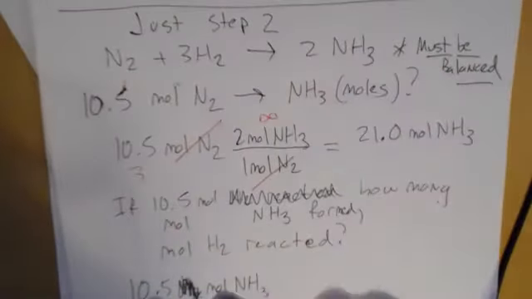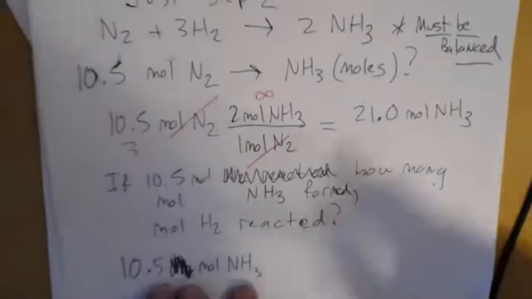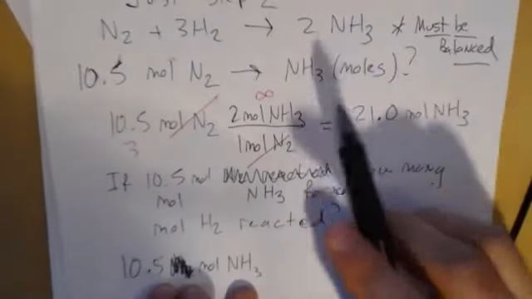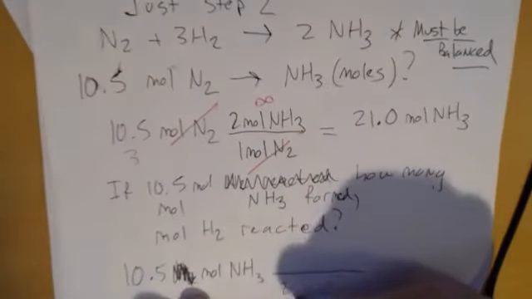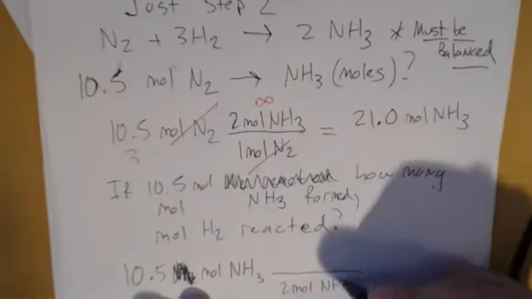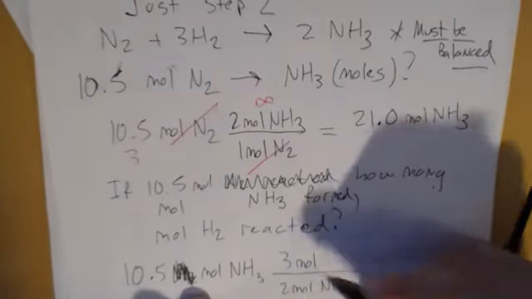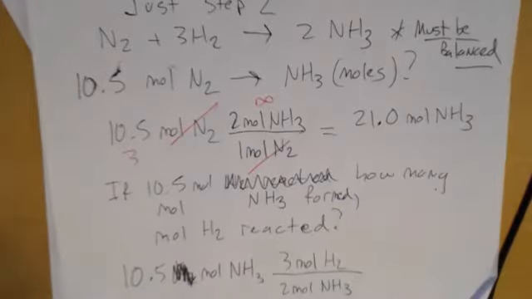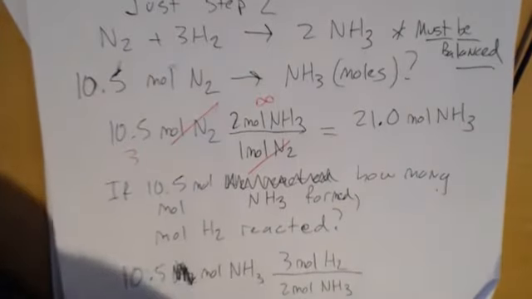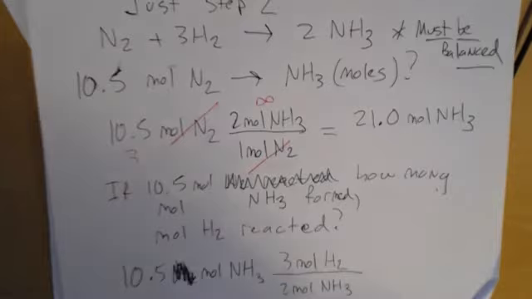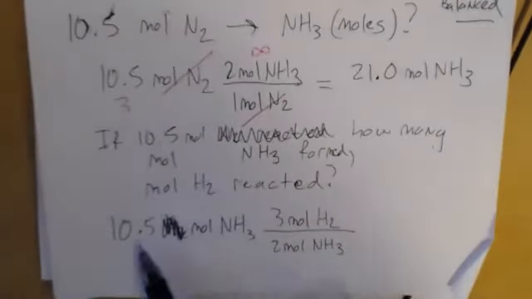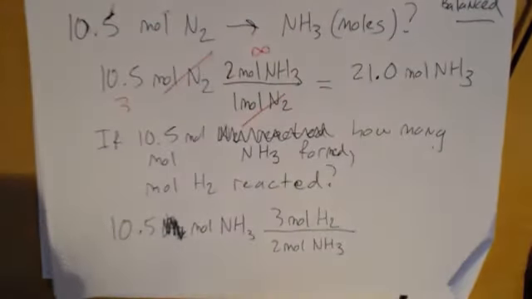So 10.5 moles of ammonia is my known. The mole ratio is 2 to 3. I want 2 moles of ammonia to cancel and 3 moles of hydrogen to form. I'll need a calculator for that. It's still 3 sig figs times infinity, a counting operation.